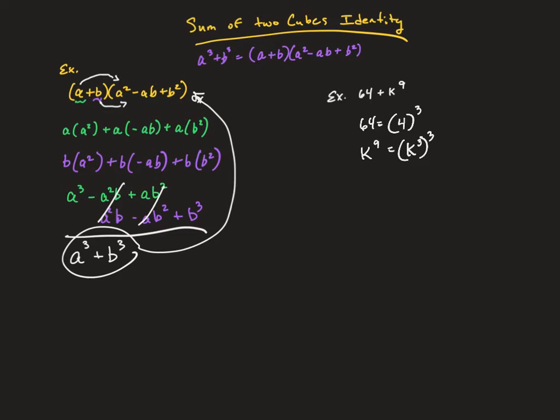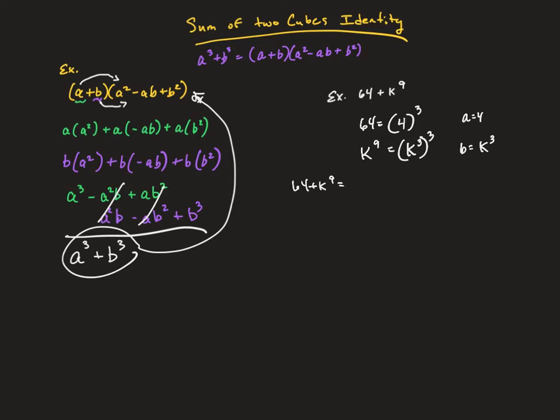So now I could say a is equal to 4 and b is equal to k to the third. So 64 plus k to the ninth is going to be equal to, a is 4, b is k to the third, and I'm just filling these in.